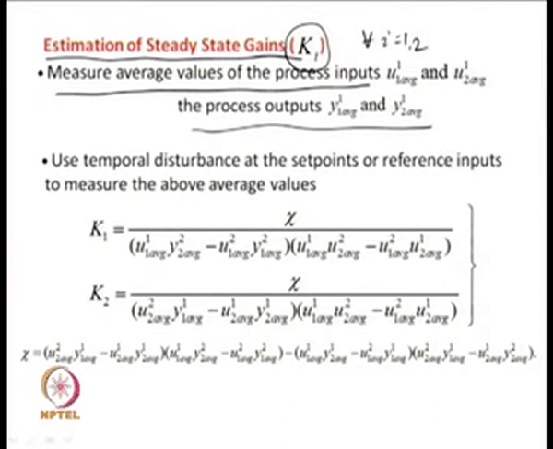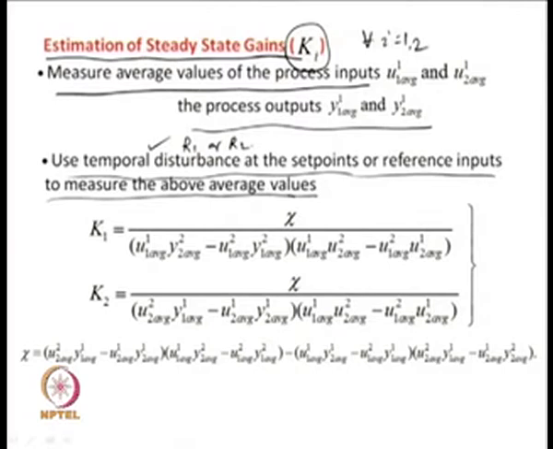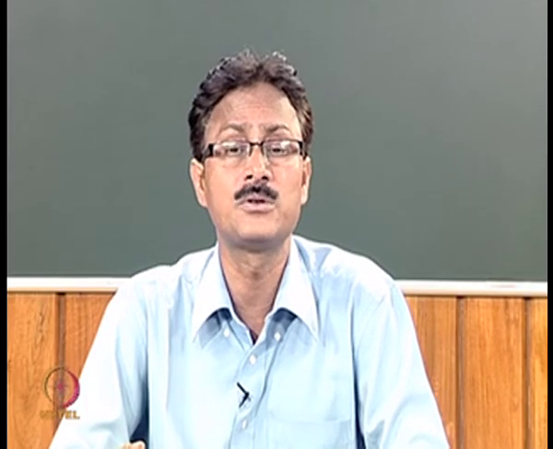Now, use some temporary disturbance at the set points or reference inputs to measure the above average values at a second instant. When you give some disturbance, like changing the value of R1 or R2 by some small magnitude, you will have different input and output measurements.